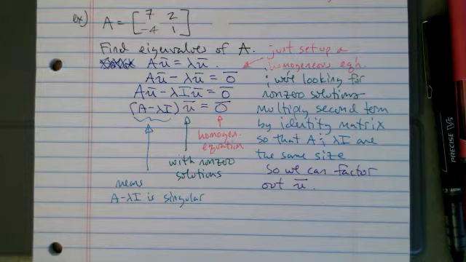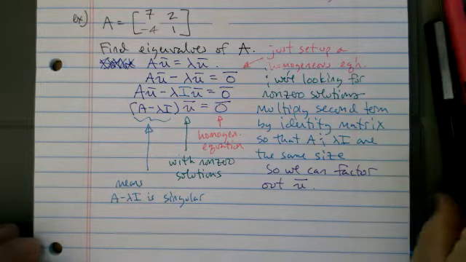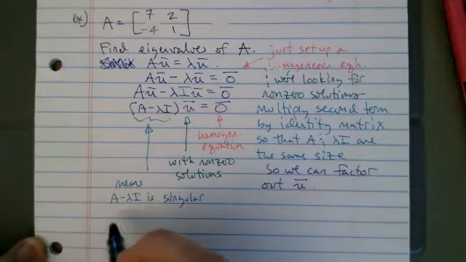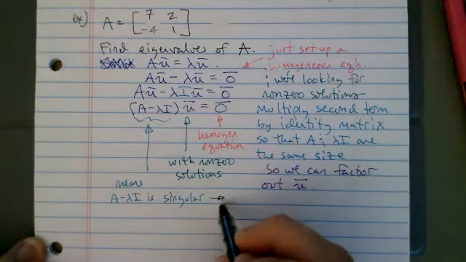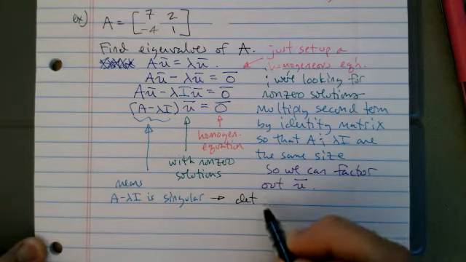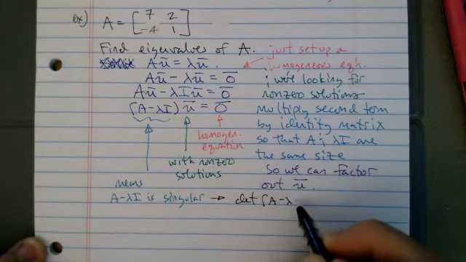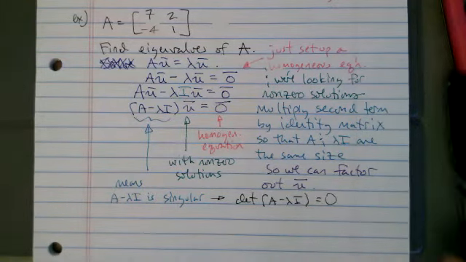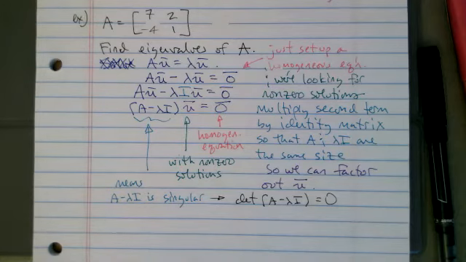The only thing that I care about from chapter 3. What is the determinant of A minus lambda I? The determinant is 0. And that's the thing that we're going to use.